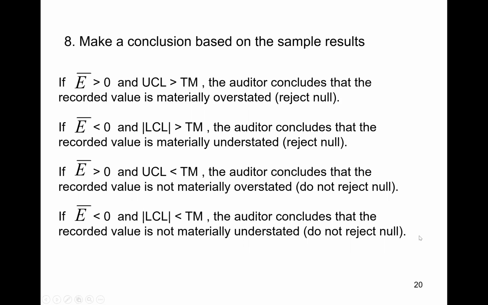So you do not reject the null. So in these two cases, the risk that you're taking is the risk of incorrectly accepting the null hypothesis. Right? In other words, the null may be false, but you're concluding that it's not false. Okay, so those are the risks you incur in making this conclusion.